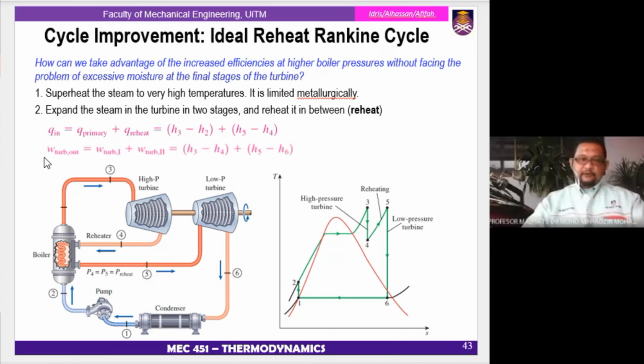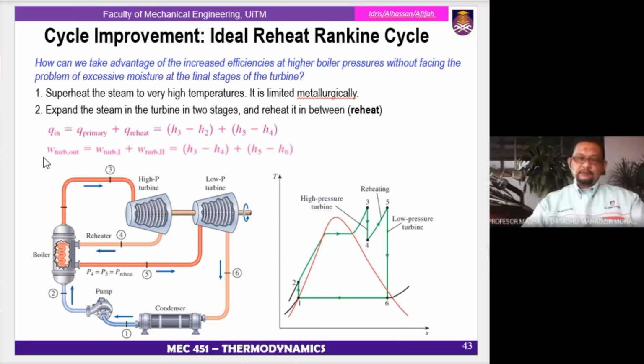Now let's see work net. Just as Q in has two functions in the reheat Rankine cycle, so does work out or work net. You do not have only one work out, at 3 and 4.